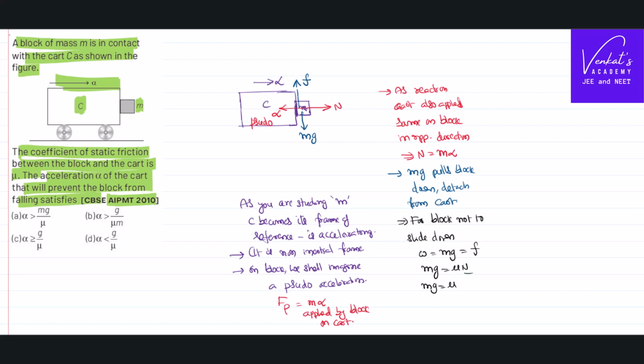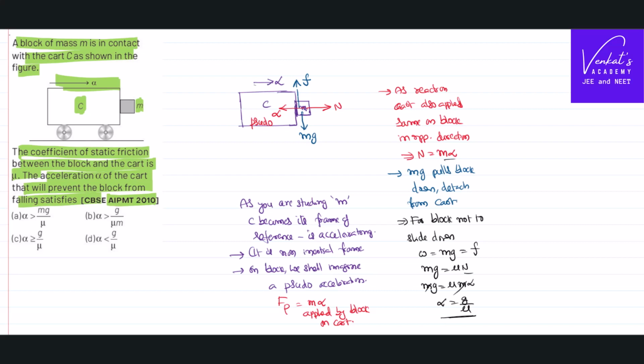We have already proved that the normal reaction is equal to M alpha. M and m will cancel. So the acceleration alpha equals g by mu, right? If the acceleration is g by mu, the body is not going to get detached.